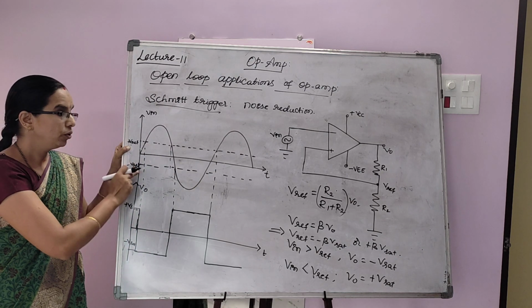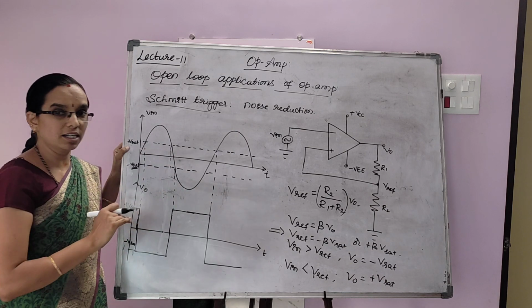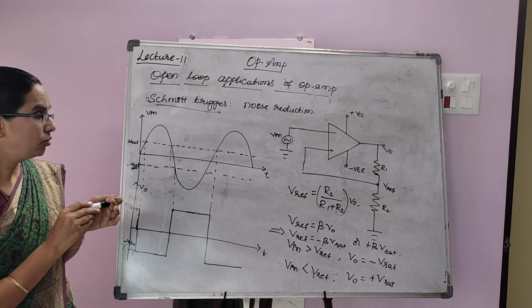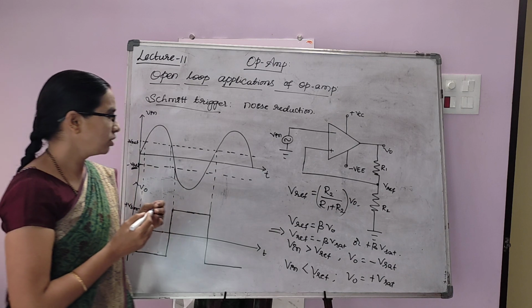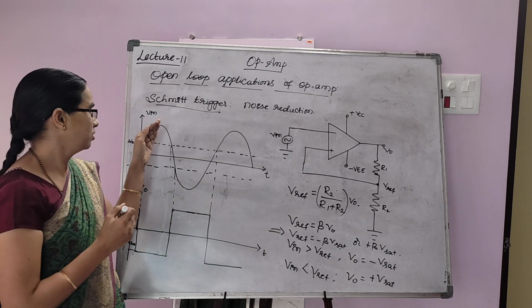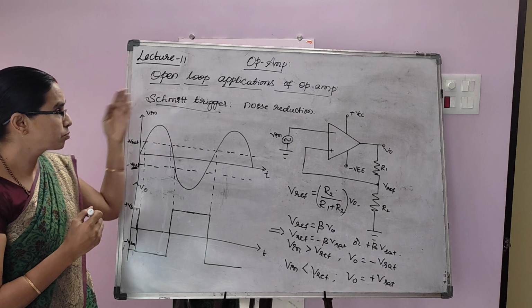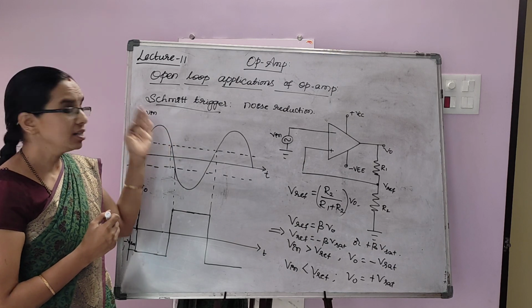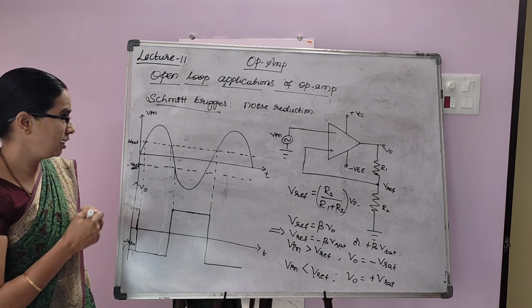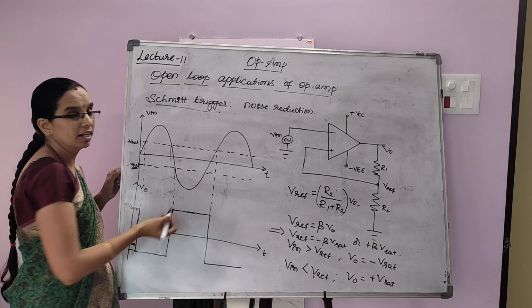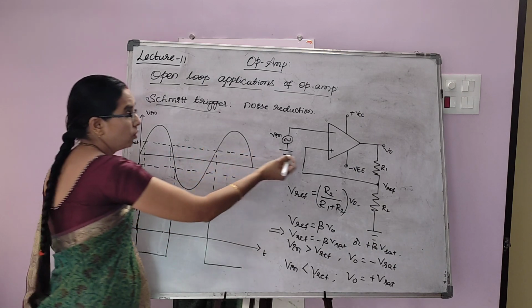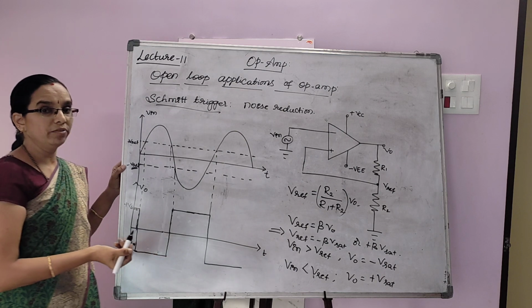Understanding my point? Any doubts regarding this, please text me. So in this way, the advantage of the Schmitt trigger circuit over the zero crossing detector is it can reduce the noise, and also the switching speed will be high.